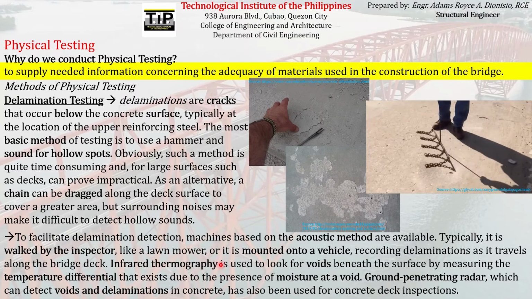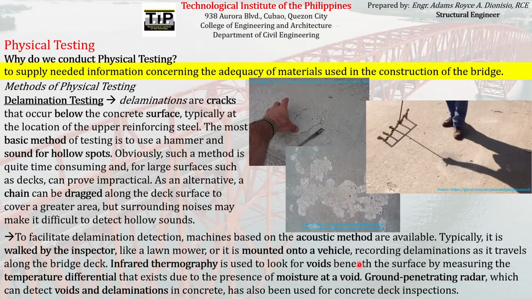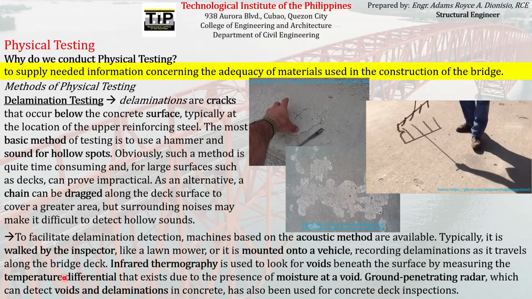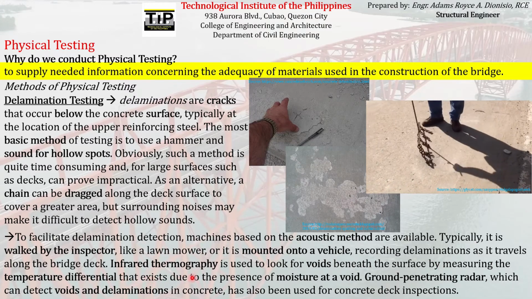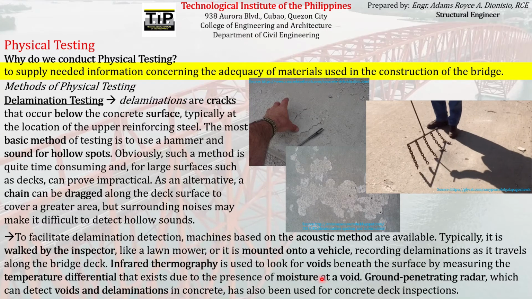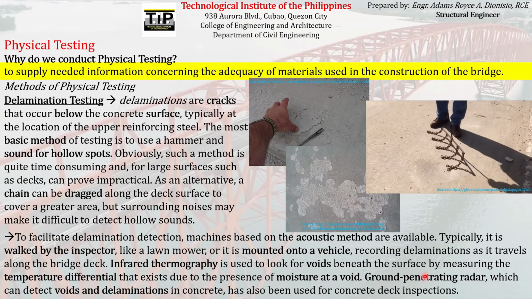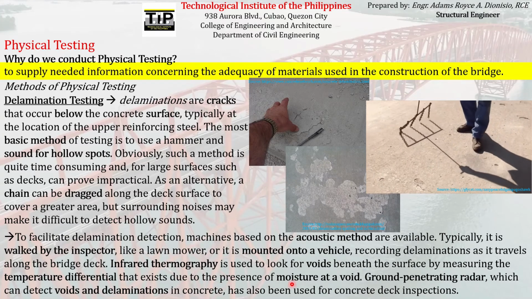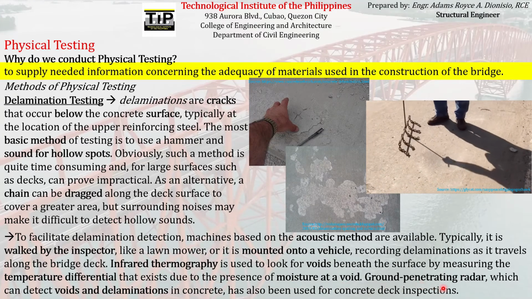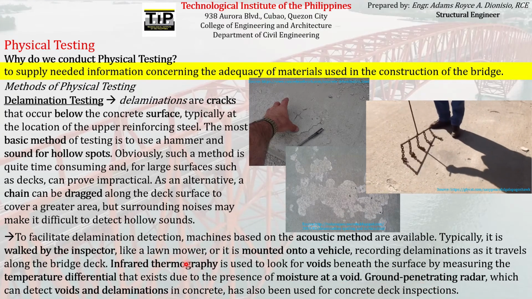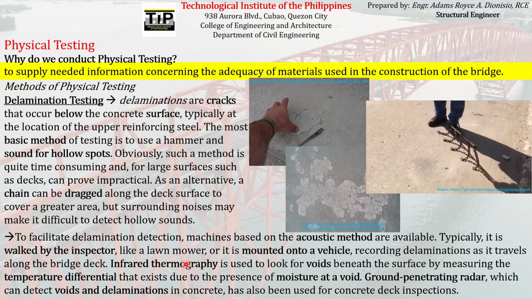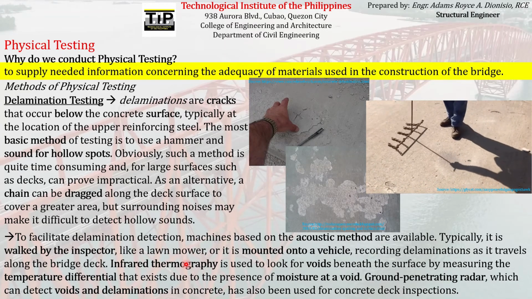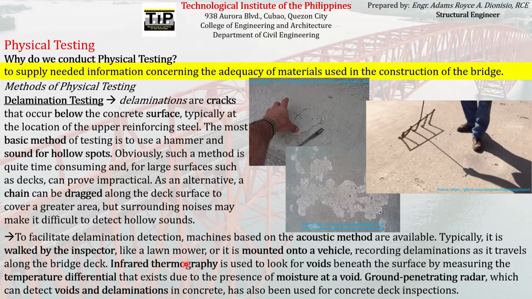Infrared thermography is used to look for voids beneath the surface by measuring the temperature differential that exists due to the presence of moisture at a void. Ground penetrating radar, which can detect voids and delaminations in concrete, has also been used for concrete deck inspections. These are more modern technological advancements in the detection of delaminations.